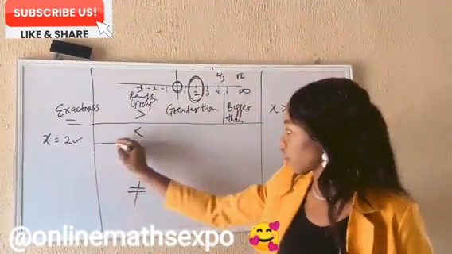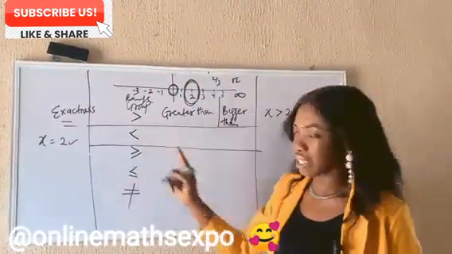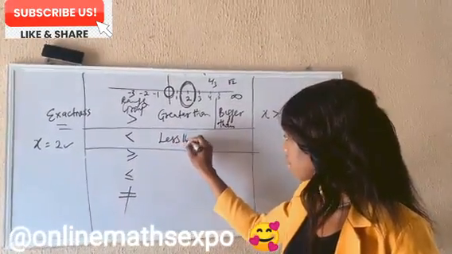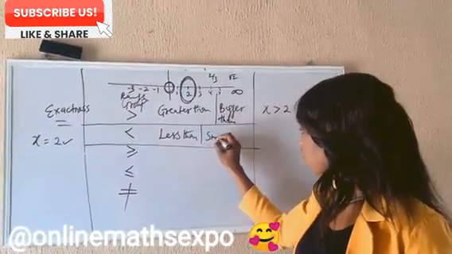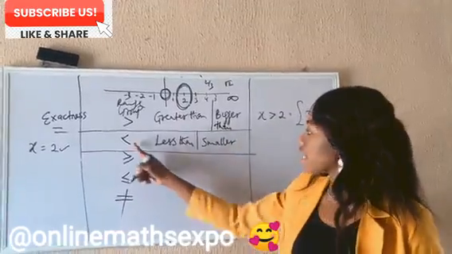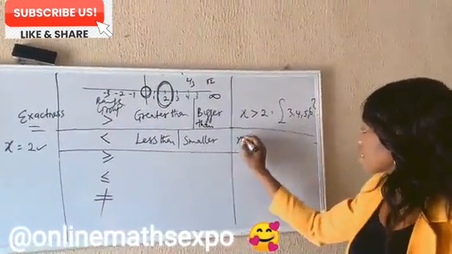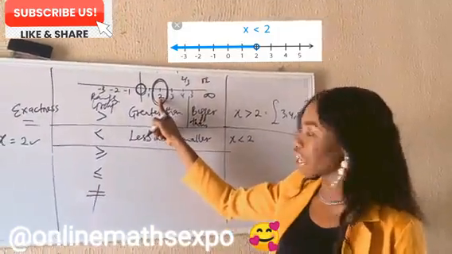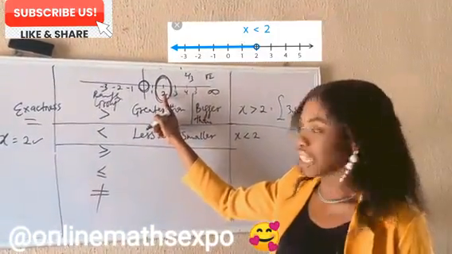Now let's take the second one. Less than means smaller. We call it less than, or we can say smaller than. When you say something like x is less than 2, what does it mean? It means that x is smaller than 2. That means x cannot be 2.